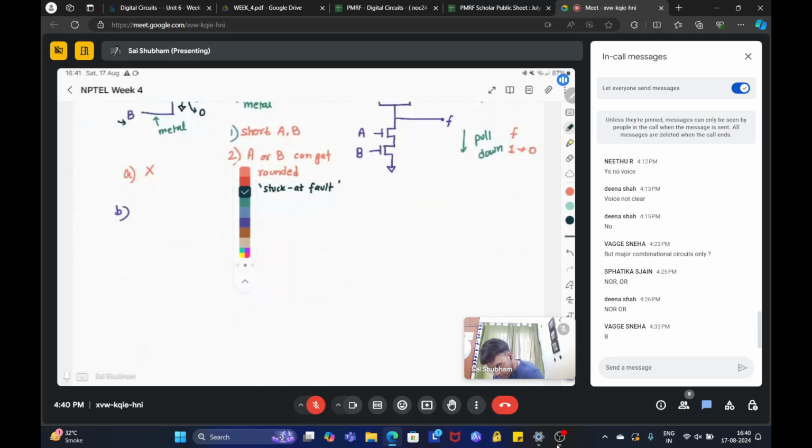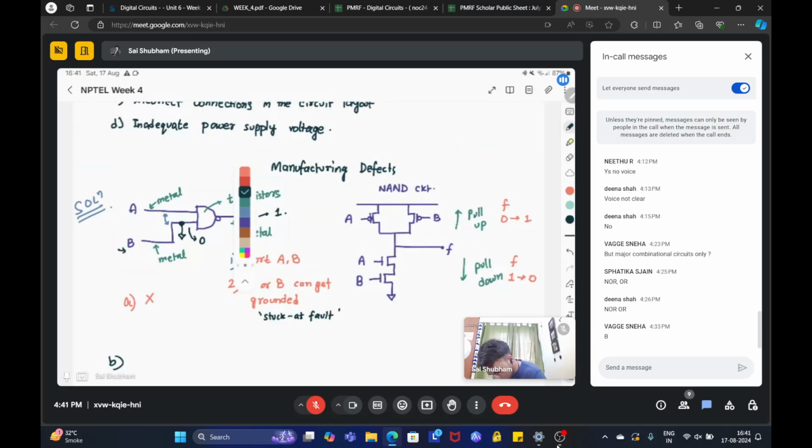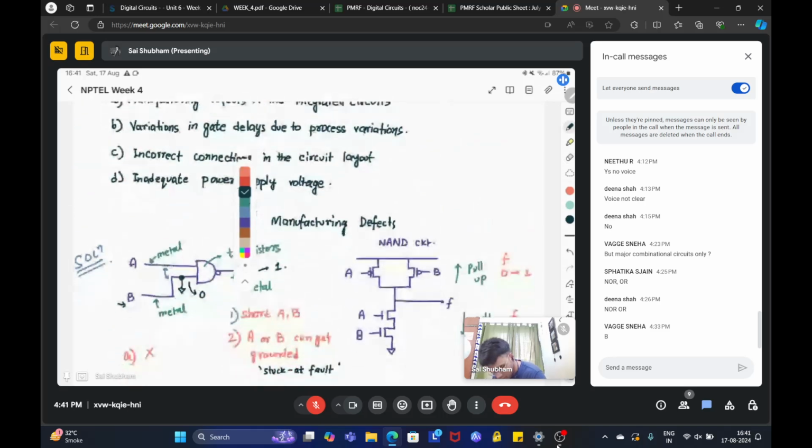Fine. So next we have option B, which says variations in gate delay due to process variation.